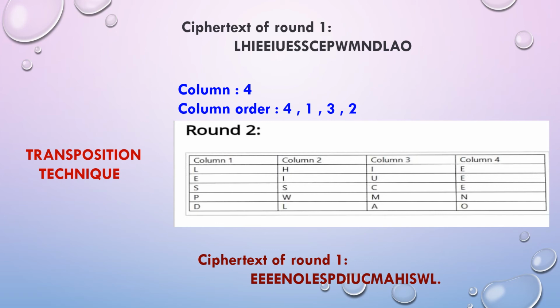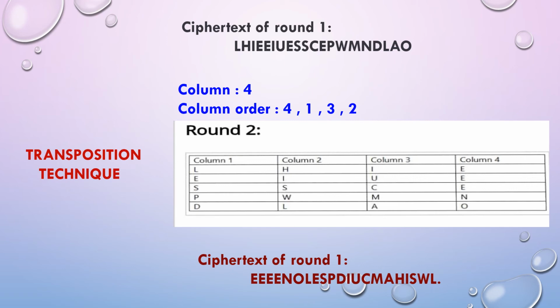After arranging the message row-wise, the first row contains the alphabet LHIE. The second row contains EIUE. The third row contains SSCE. The fourth row contains PWMN. The fifth row contains DLAO.